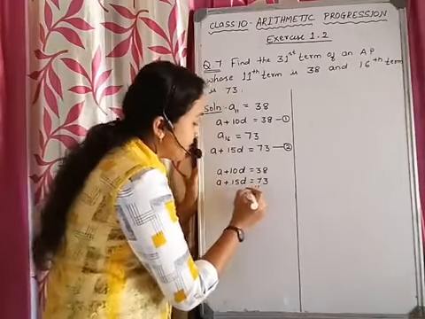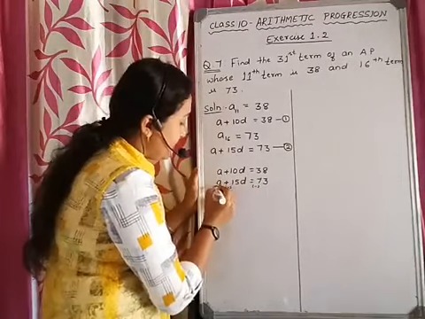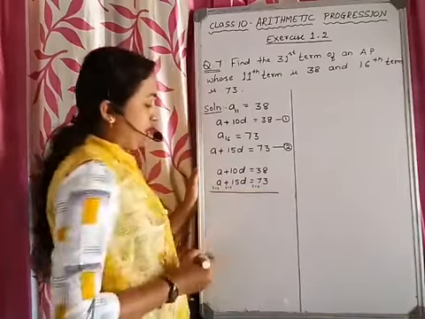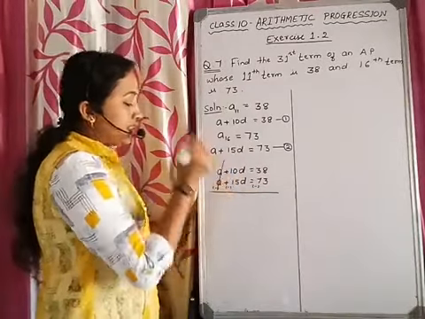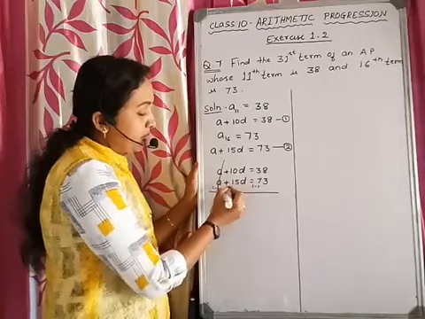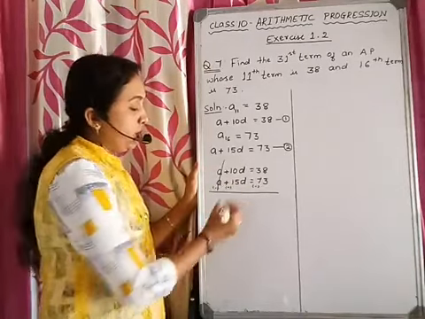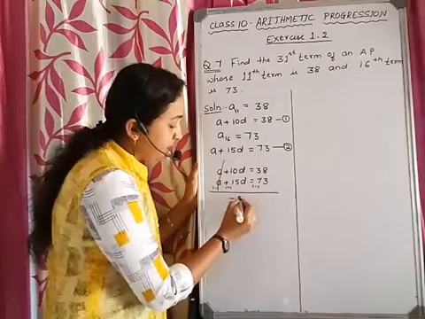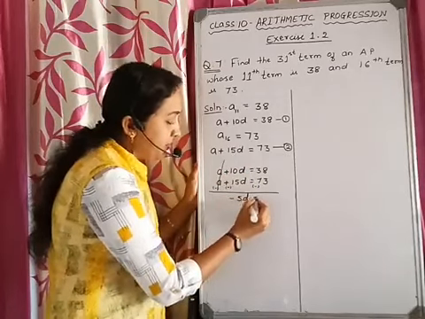So let us change the sign. All are plus, so let us take it as minus. Okay. So a gets cancelled because plus a and minus a. The sign of the bigger number is minus. So 15 minus 10 is minus 5d.